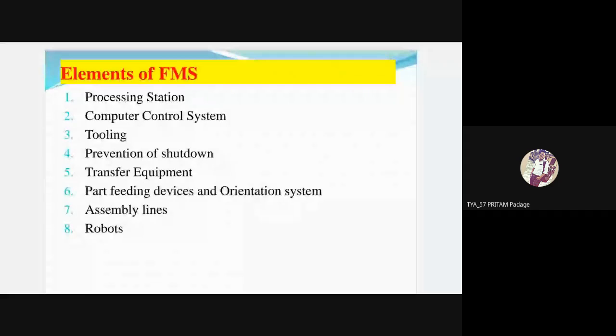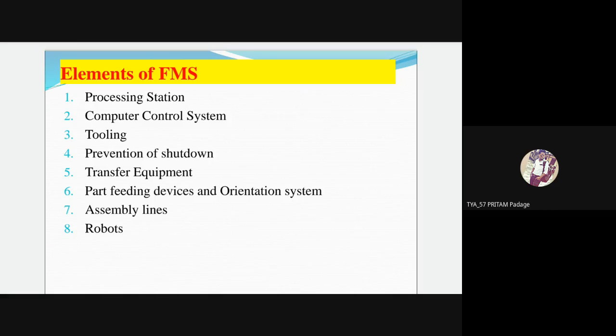Transfer equipment. Transfer equipment is nothing but, within that industry, how the product is transferred. After the finished product is ready, that finished product will be transferred to the storage. So the transfer element is also there, different trolleys are available in the industry. Automatic conveyors are available.